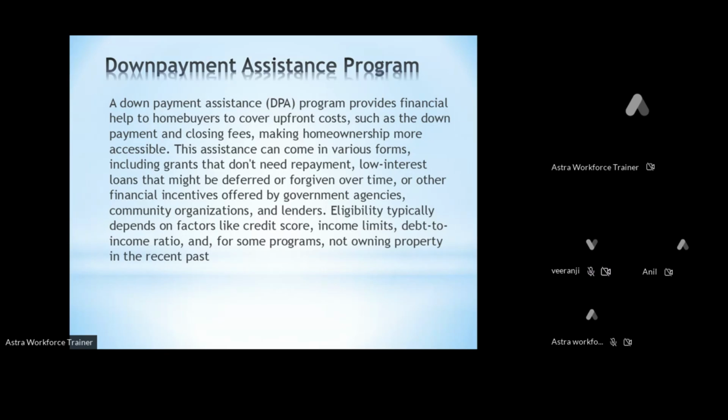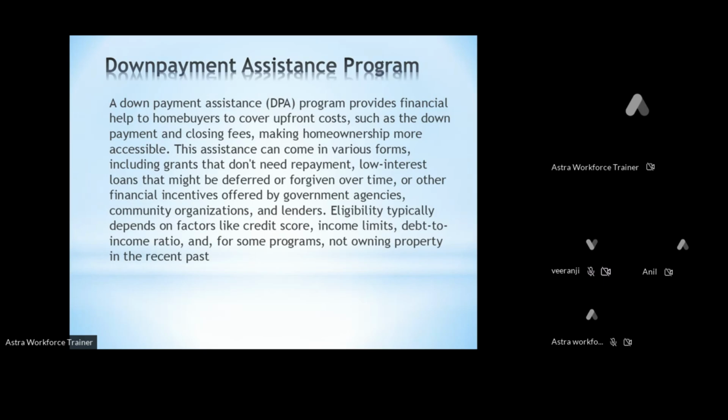DTI is how much income they are getting and how much debts they have. If you're doing the calculation, it's total debts divided by gross income. Based on that only, the down payment assistance will be granted to the borrower.